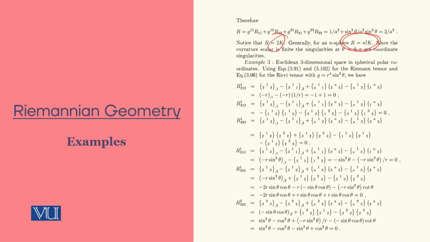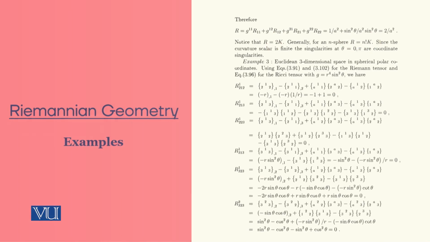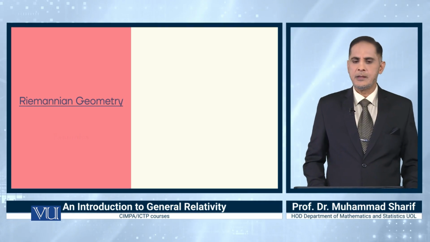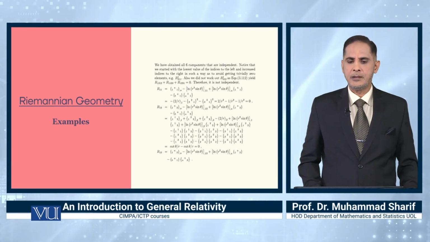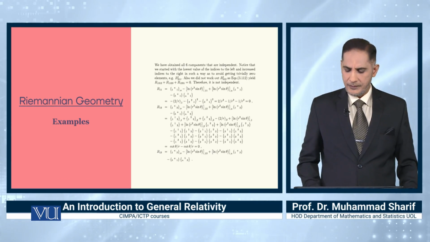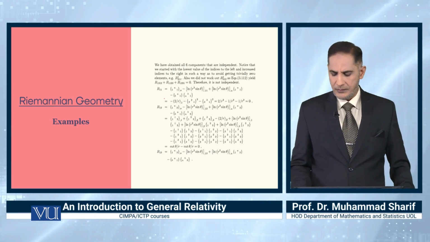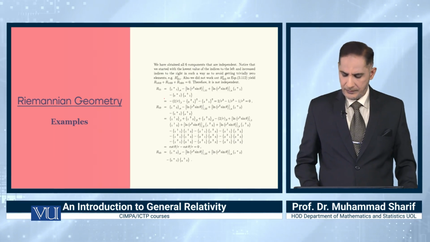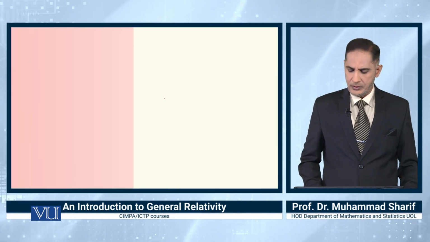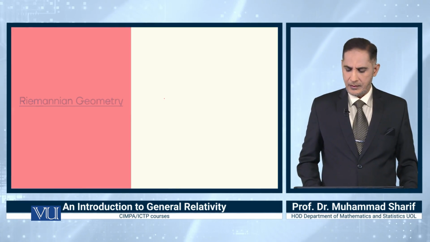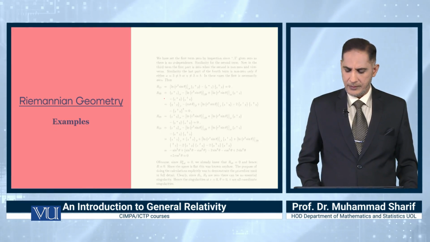Similarly, all the components can be calculated, and by using these we can find the components of the Ricci tensor. These are the components of the Ricci tensor. R11 is 0, R12 is 0, R13 will also be 0, and you can see all the components here.